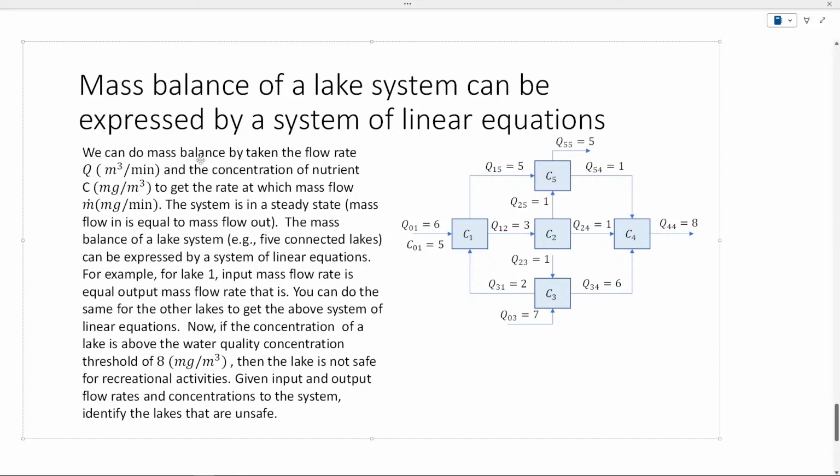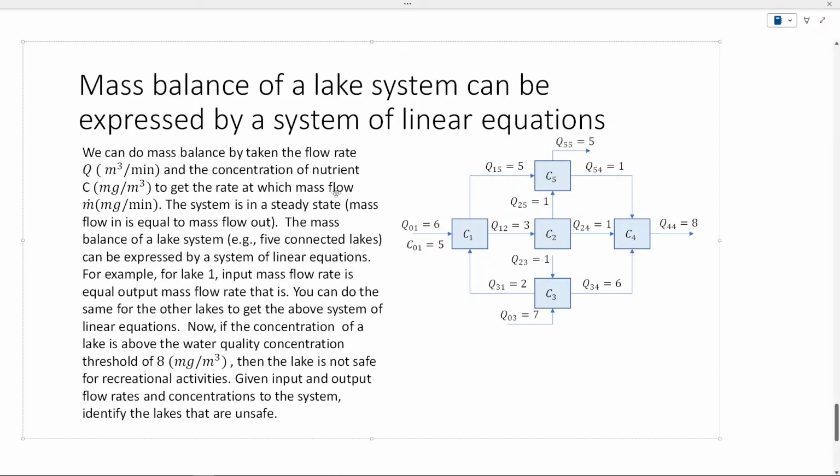We can do mass balance by taking the flow rate. So you have, let's say, 5 different lakes, and this is a concentration that is entering here of this nutrient or this chemical, and so you have flow in meter cube per minute, and you have concentration in milligram per meter cube.